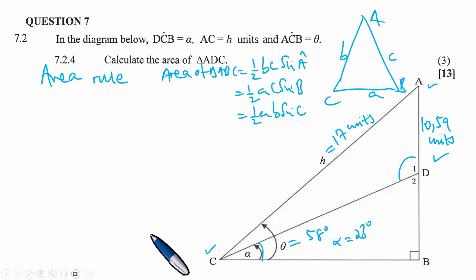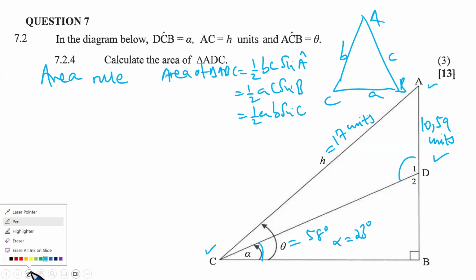So we want to therefore be in a position to determine what we desire, most importantly. We want to find the area of the triangle ADC. Let us find that area there. To find the area of the triangle ADC, we proceed as follows.